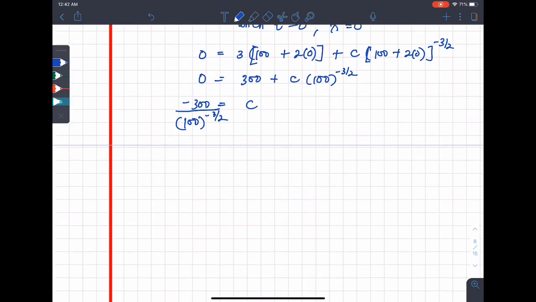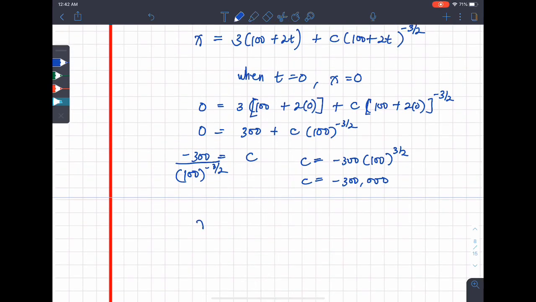So C would be equivalent to negative 300, so make it positive, 100 raised to 3 over 2. So C would be equivalent to 10 raised to 3, which is 1,000. So we have negative 300,000 for our C.